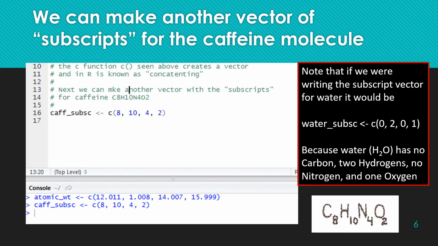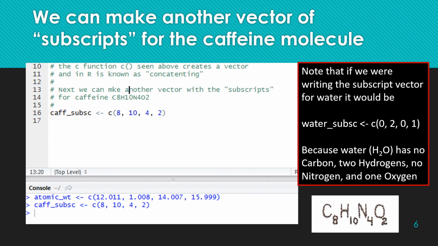My next line of executable code, I'm going to assign another vector. I'm going to call it caffeine subscripts, and I'm going to assign it the values of 8, 10, 4, and 2. So the molecule of caffeine has 8 carbons and 10 hydrogens and 4 nitrogens and 2 oxygens.